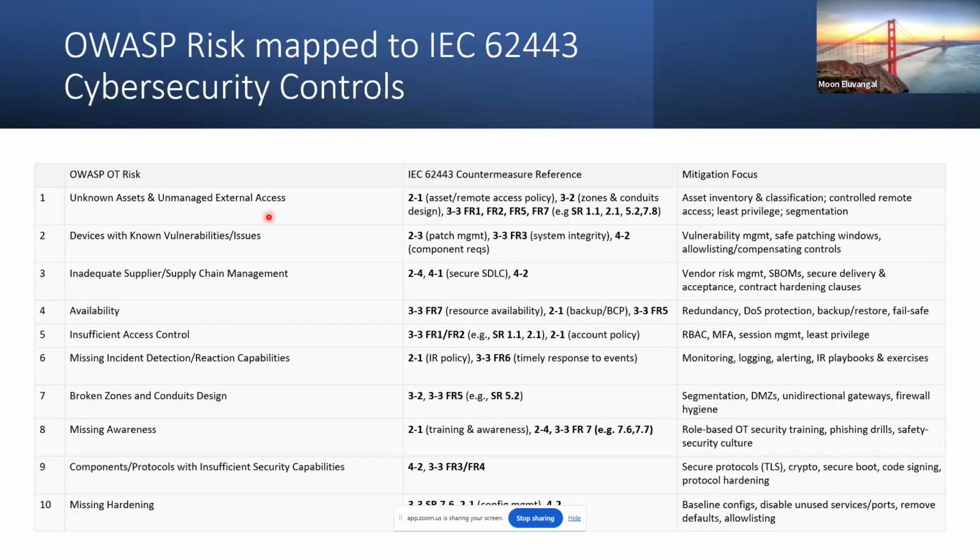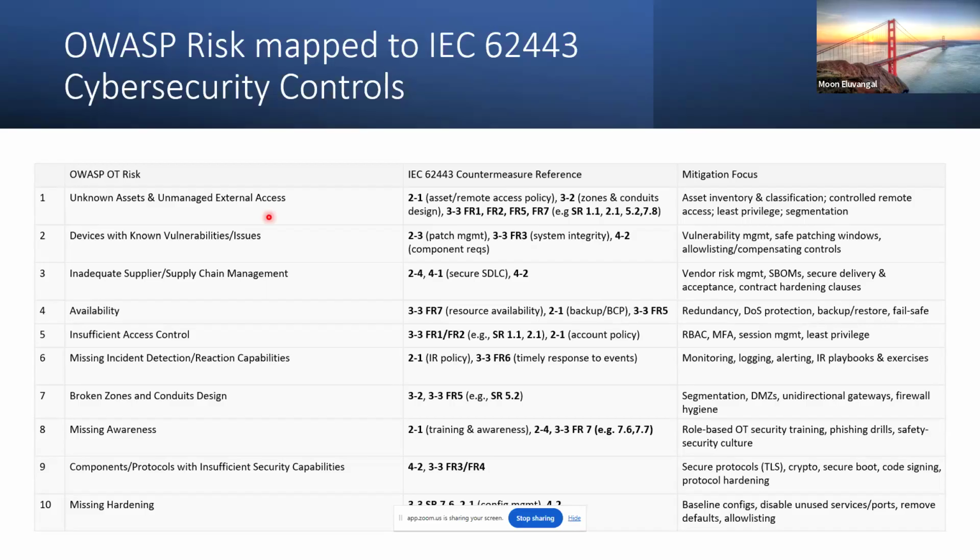Because you don't know the complete list of assets, then you don't know what kind of asset this is, how old it is, what version of software or firmware it is running, what vulnerability it poses, and what threat it exposes to the outer world, right? So you don't know anything if you don't know the asset.